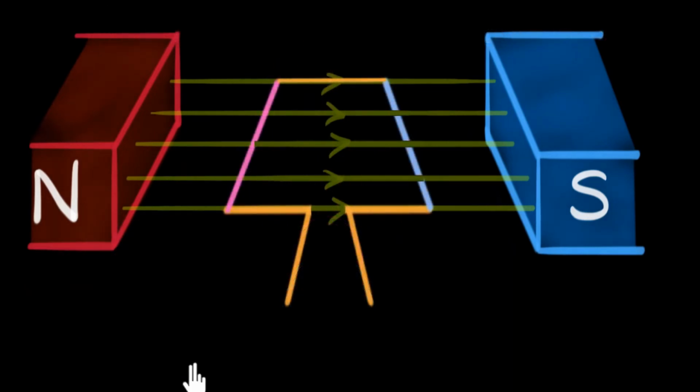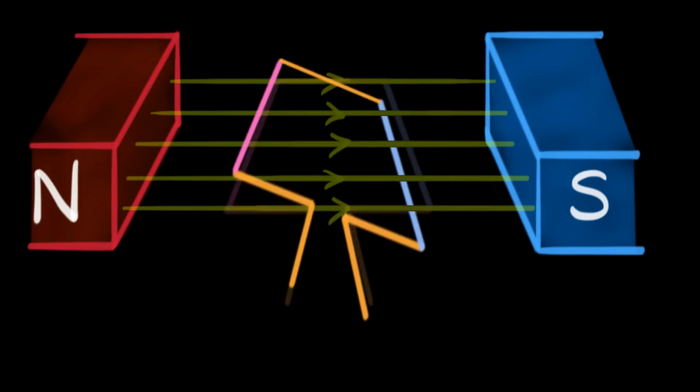So let's start by figuring out in what direction a current gets induced or generated in this coil once it starts rotating. Let's say in our example, the coil rotates clockwise, somewhat like this. Now, how do we figure out the direction of the induced current?